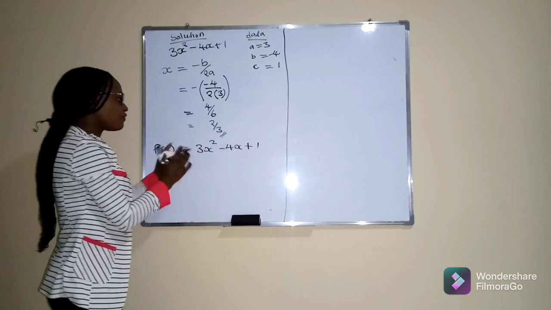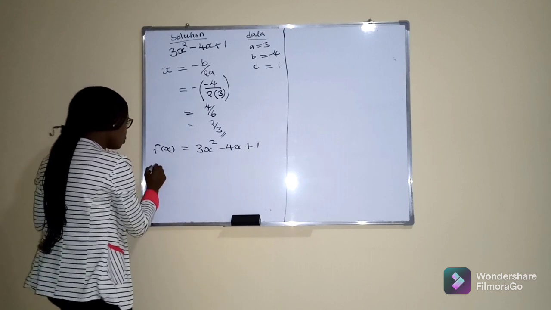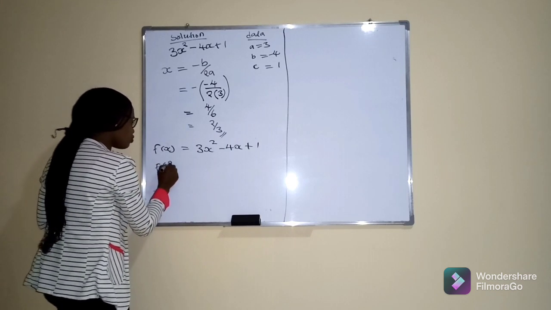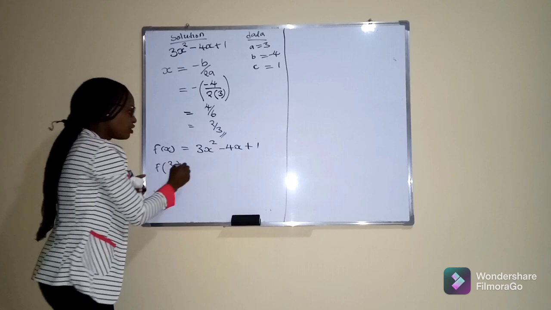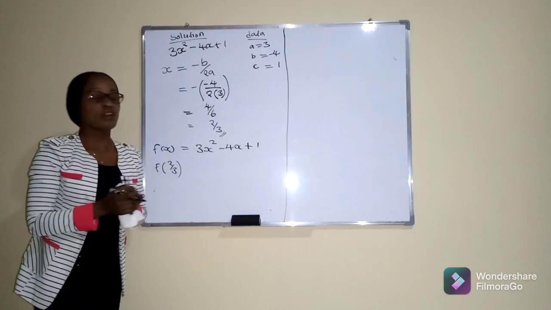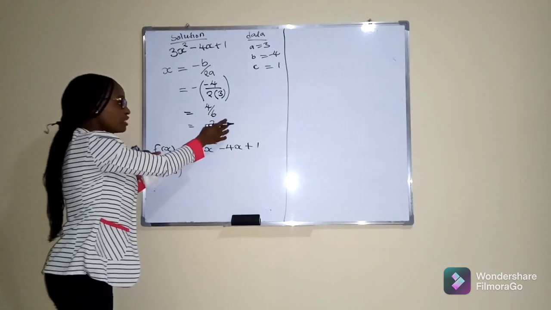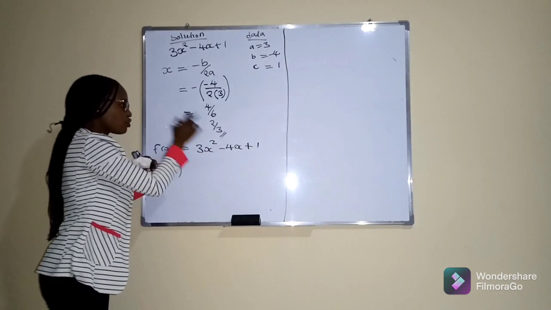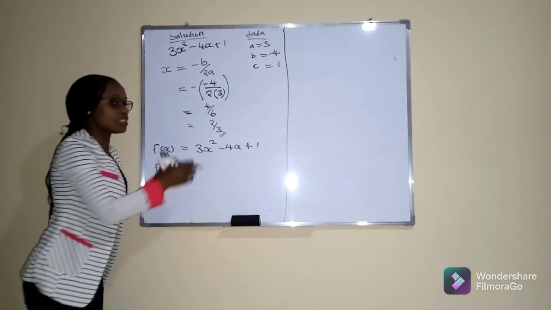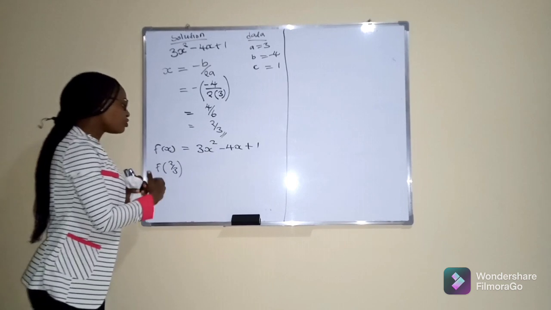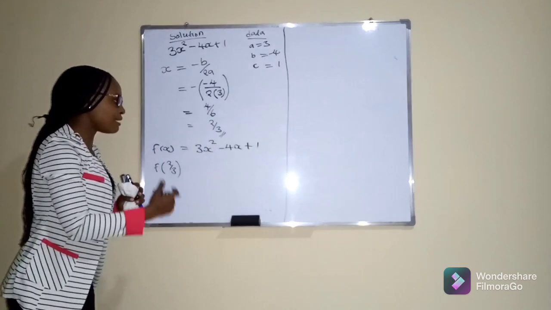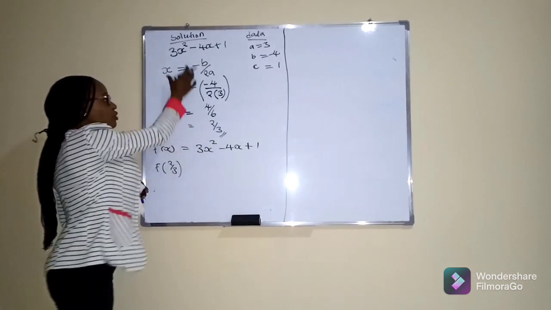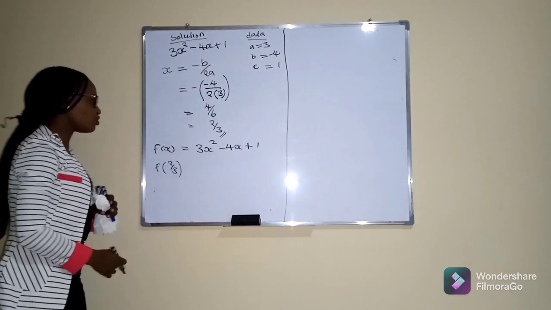And from this, we found the value of x to be 2 over 3. So that is what we are going to do. We're now going to substitute this value of 2 over 3 in the equation that we have, so that we can know the exact minimum value that this quadratic function is going to give us.